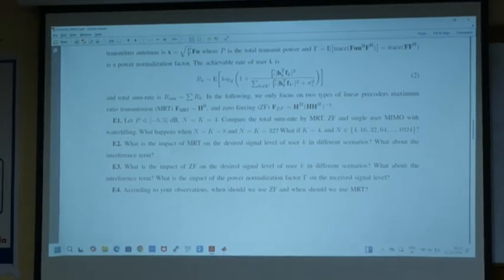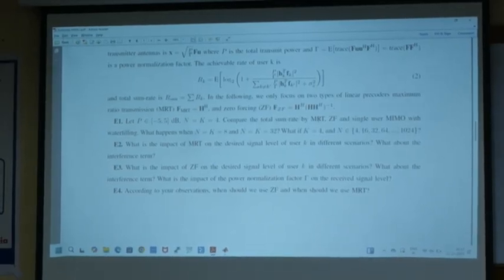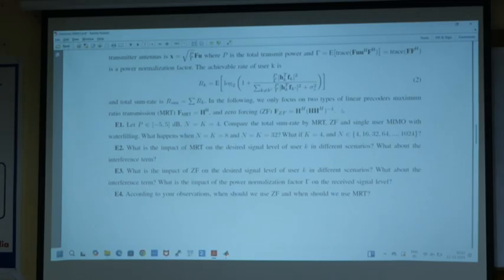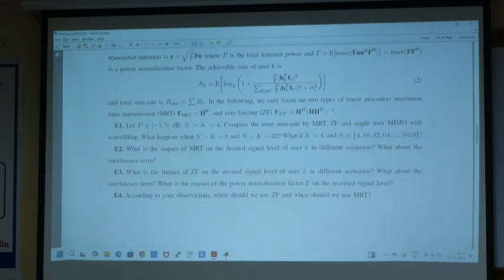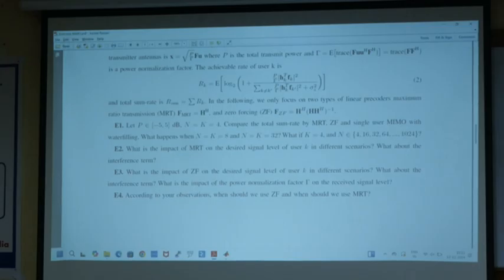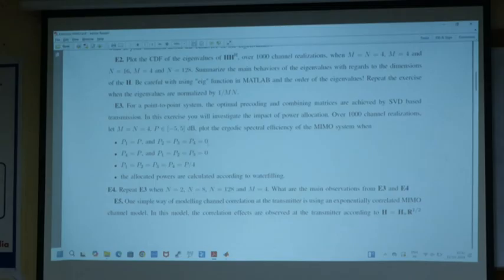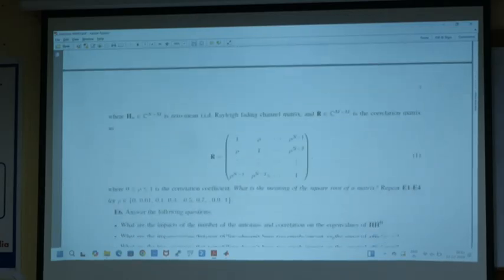Compare the total sum rate by MRT, that is F_MRT equal to H Hermitian, zero forcing, that is F_ZF equal to H Hermitian (H H Hermitian) inverse, and single user MIMO with water filling. Single user MIMO with water filling we have seen earlier, allocating power according to water filling. These three results we have to compare.